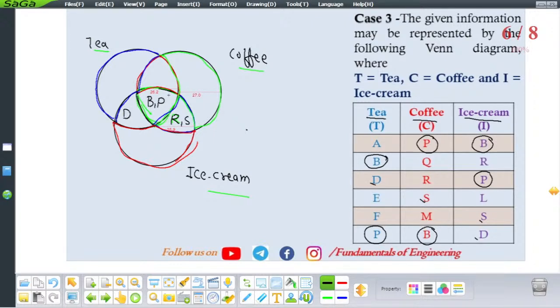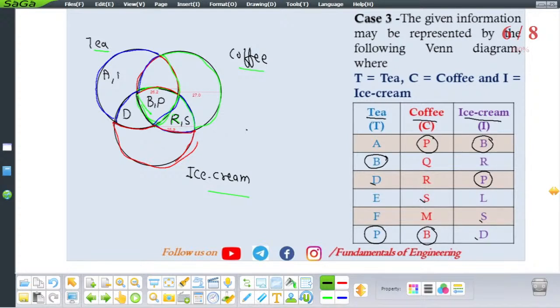So we have seen, first of all we have to write down all three common, then common in between two. Now the remaining ones, which like only tea: A, E and F, they like to drink only tea. Then coffee, that is Q and M, they like to drink only coffee.